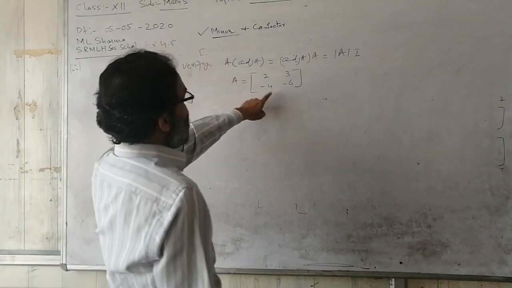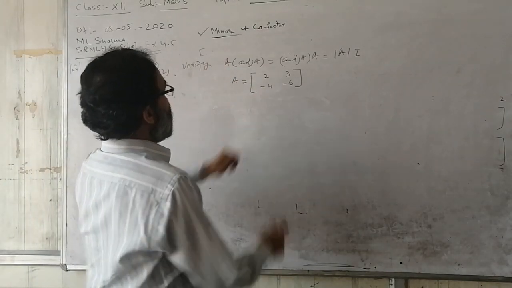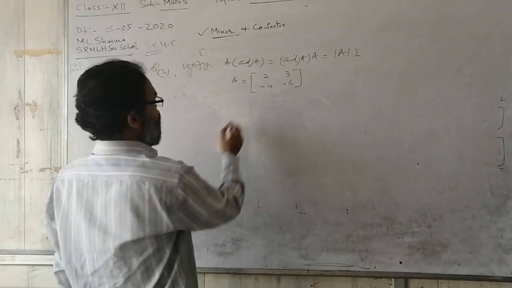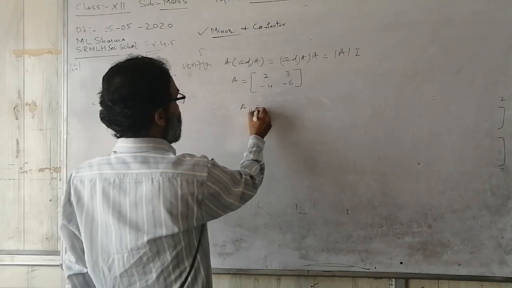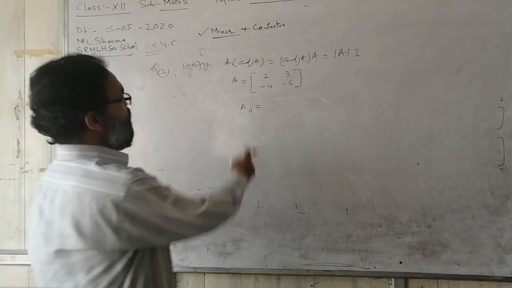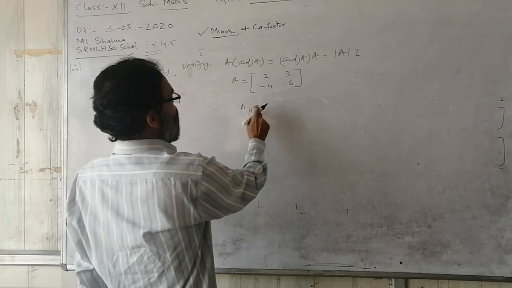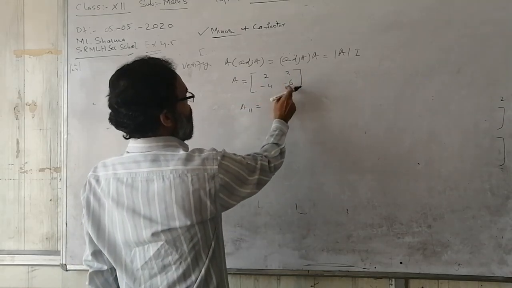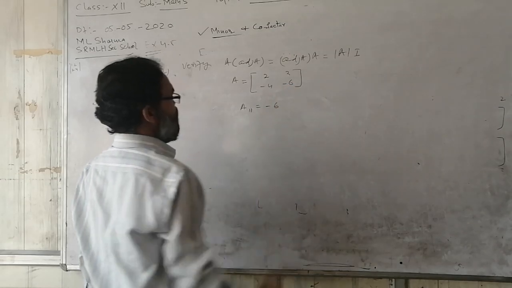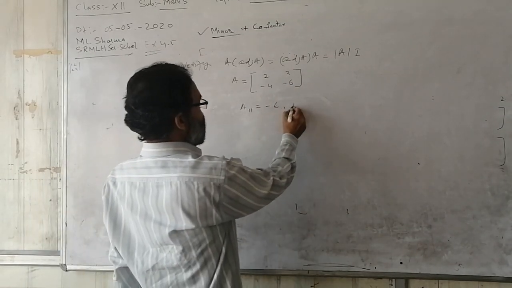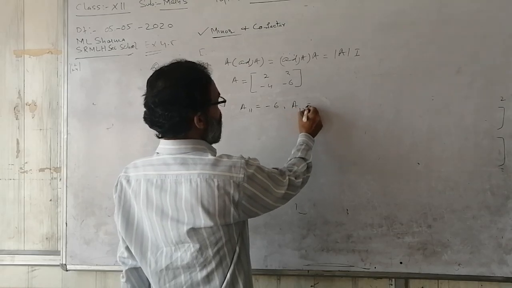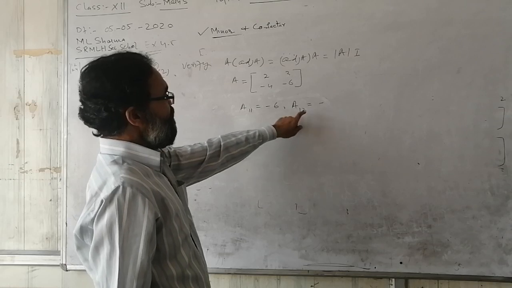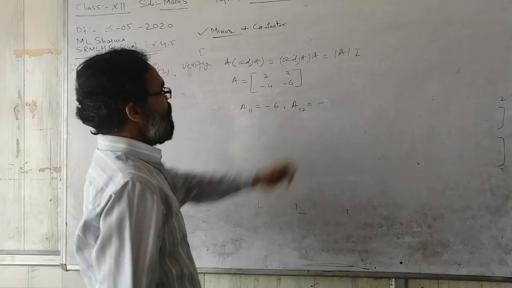So first we will find the adjoint. For adjoint, I will have to find its cofactors. So A11, that is the first element's cofactor, will be equal to, I will delete this row and this column and I will be left with 6. Again A12, this will be minus sign because 1 plus 2 is 3, an odd number, so it will be minus.